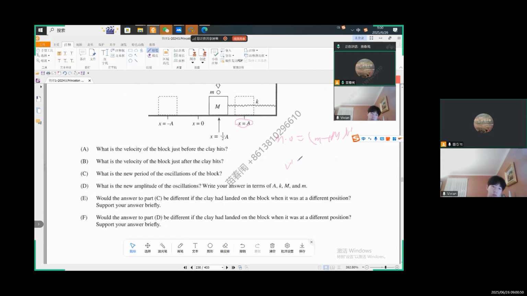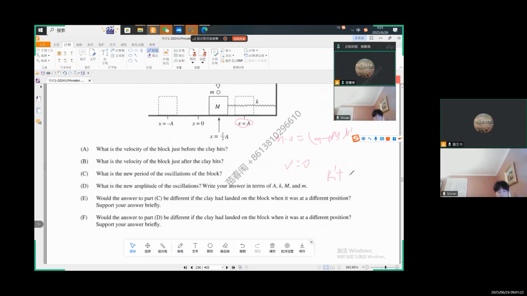So v prime is still 0, right? So at that time, I guess there's no change. Does that make sense? Because you're not adding anything new, you're not adding any new energy, right?